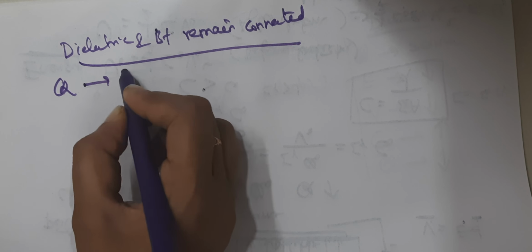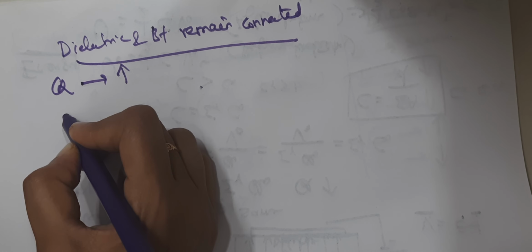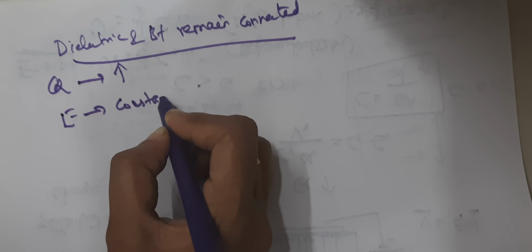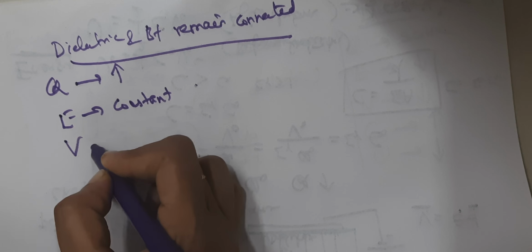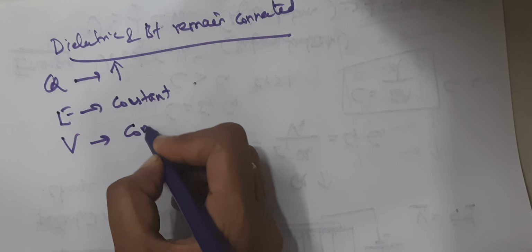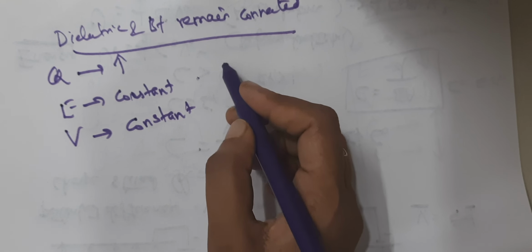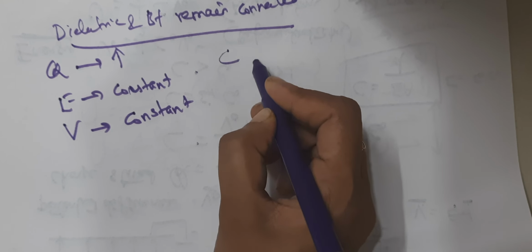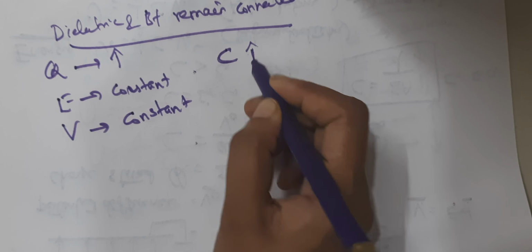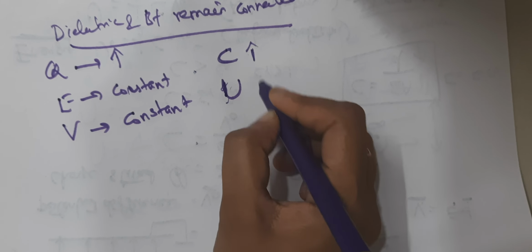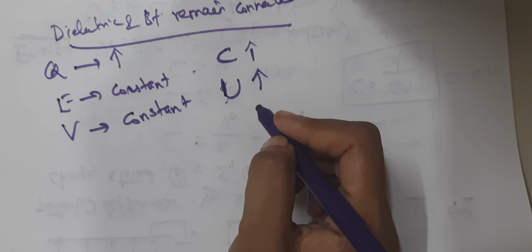Charge increases. The electric field becomes constant. The electrostatic potential also becomes constant. Capacitance increases, and the energy U also increases.